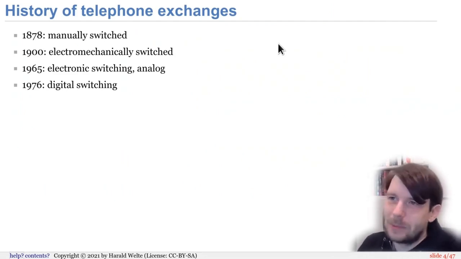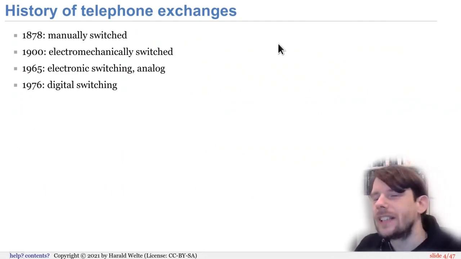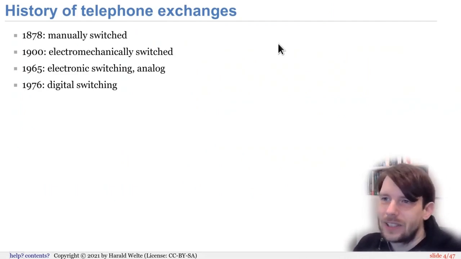So if we look a bit at the history of telephone exchanges, many people are aware that originally telephone exchanges were manually switched. So the nice boards full of phone jacks where you plug in the different lines and you manually connect subscriber A to subscriber B. That's basically how switched telephony first came about in 1878.